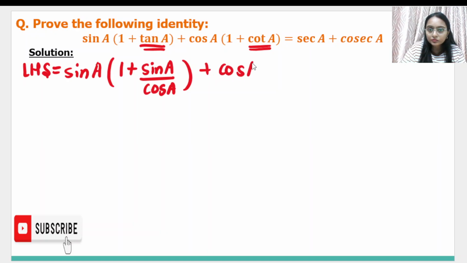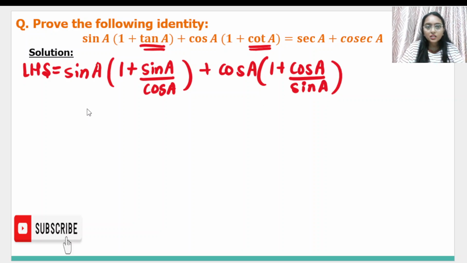Similarly, 1 plus cot A will be 1 plus cos A upon sin A. Now let's open the bracket.